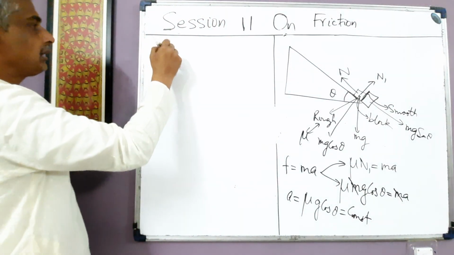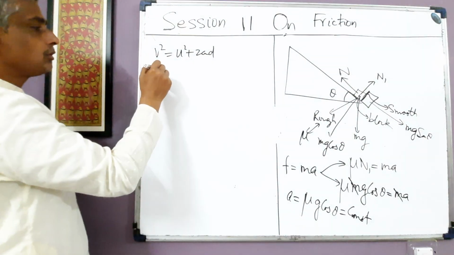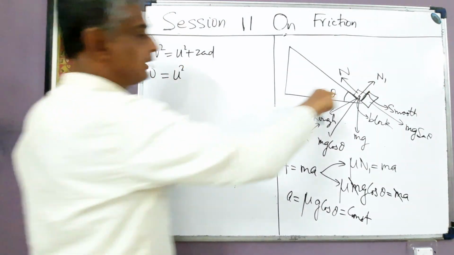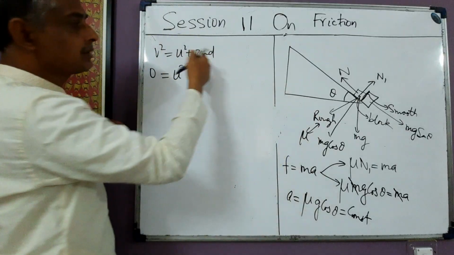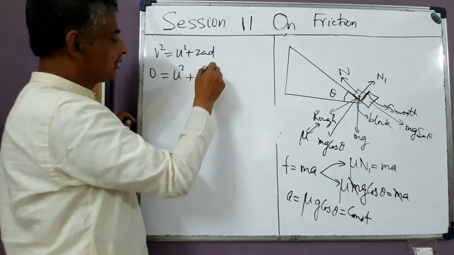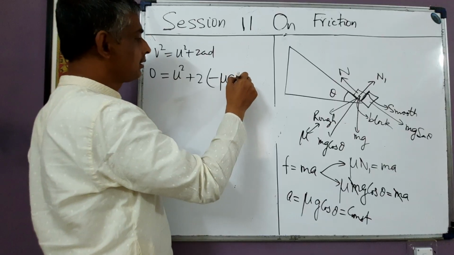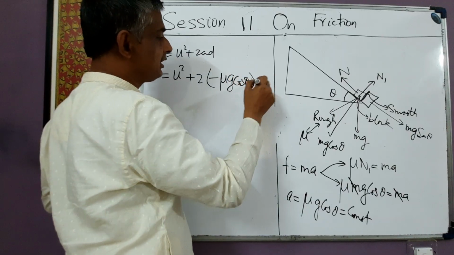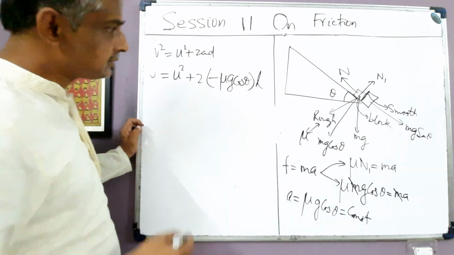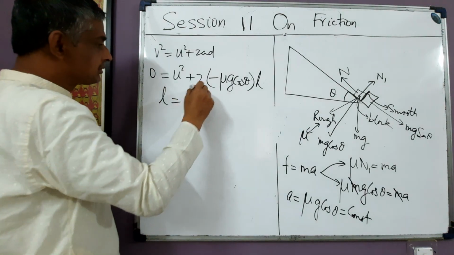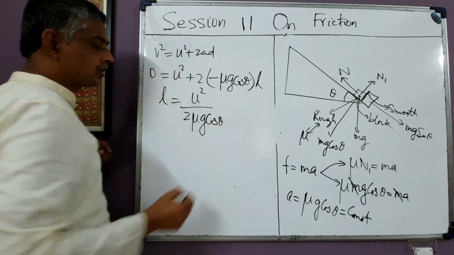So I apply the formula v square equal to u square plus 2ad. Now v becomes 0, u is u. Taking this direction as positive, a is in the reverse direction. So instead of a, I write minus mu g cos theta, and d is simply L, the distance moved by the block along the guide before it comes to rest. So L becomes u square by 2 mu g cos theta.